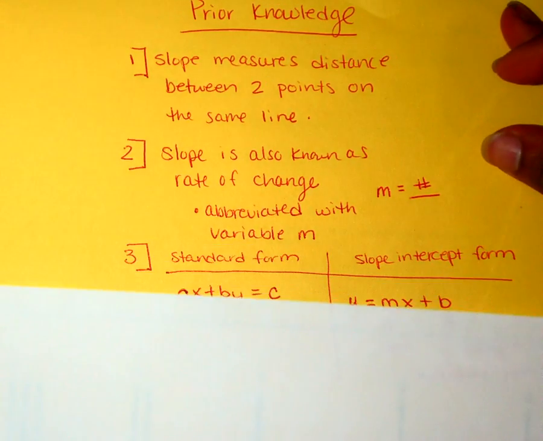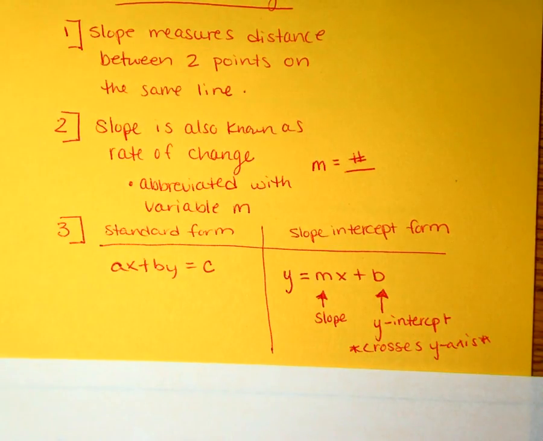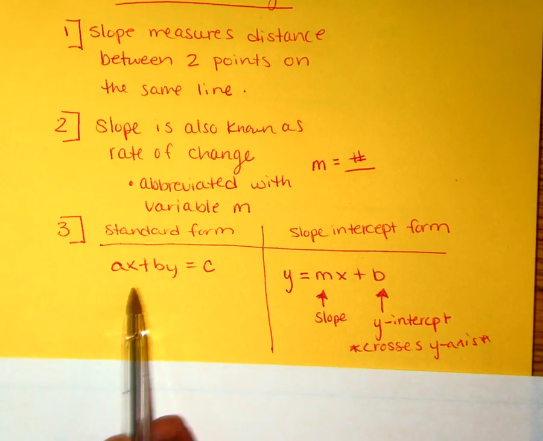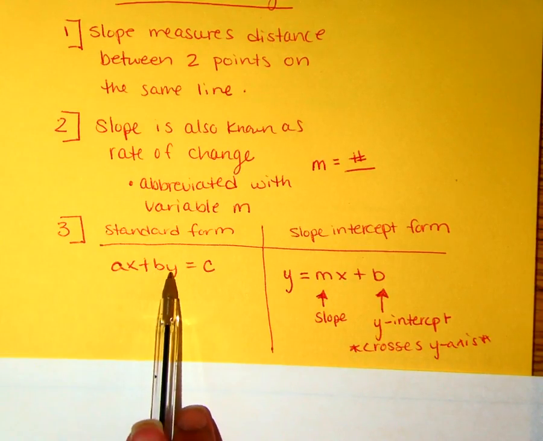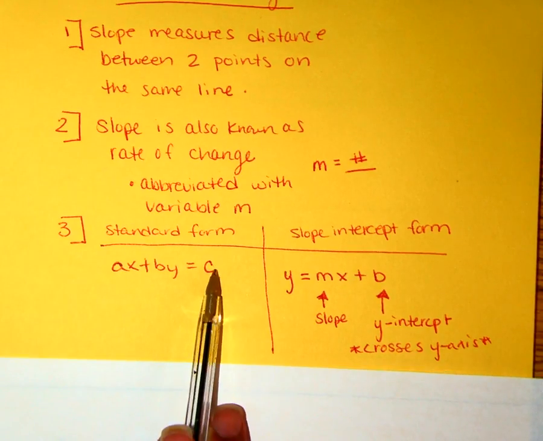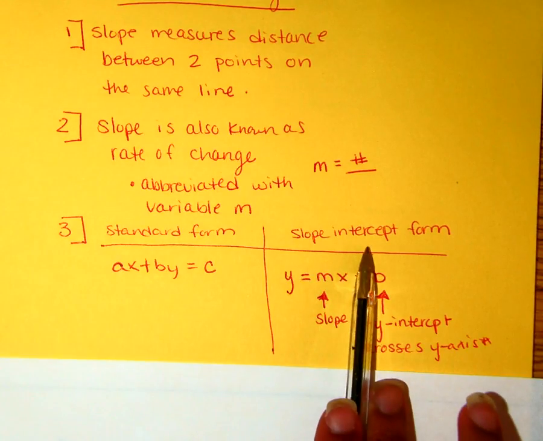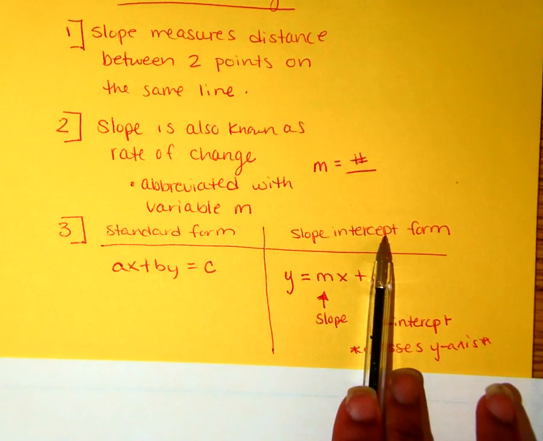Then the new bit of information that you'll be figuring out through today's lesson is we talked about these different forms of linear equations. Linear equations could be written in this form: a times some number plus b times some number equals c, or ax plus by equals c. Today, our second objective is around us taking standard form and transforming it into what's called slope-intercept form.